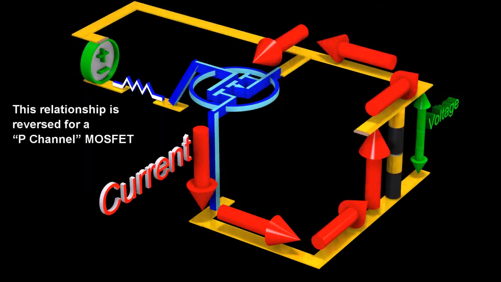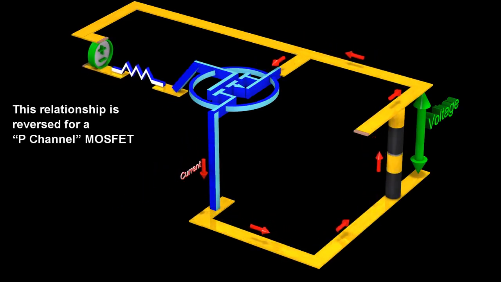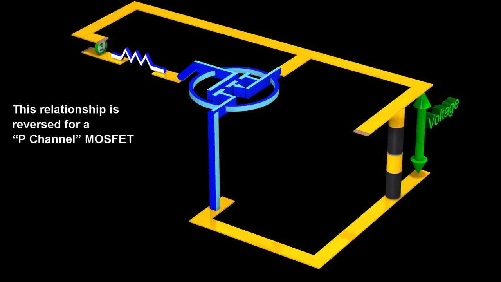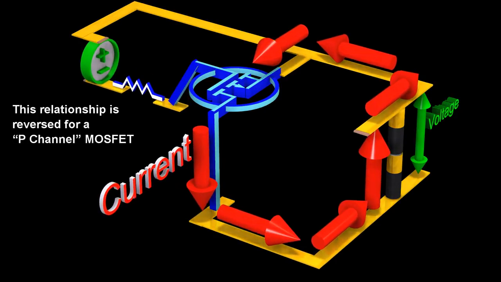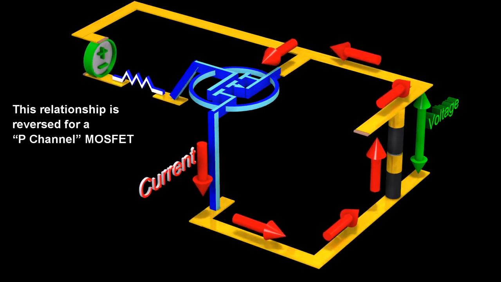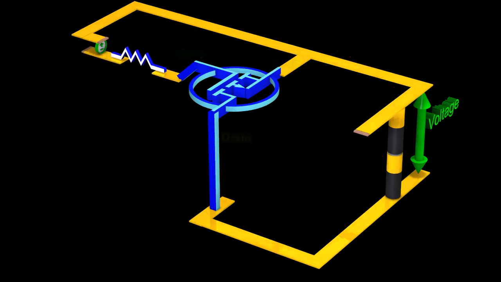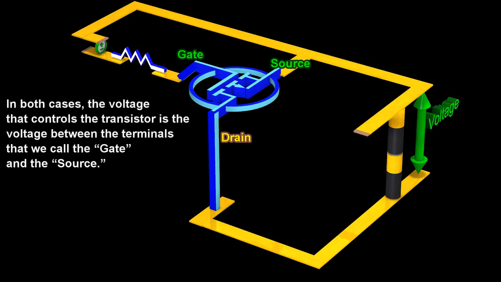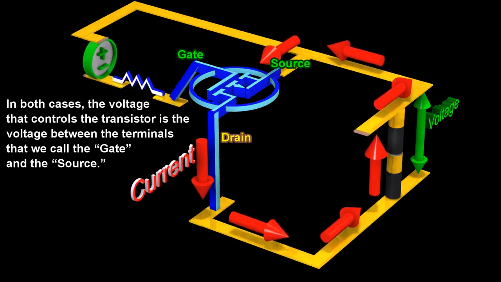This relationship is reversed for a P-channel MOSFET. In both cases, the voltage that controls the transistor is the voltage between the terminals that we call the gate and the source.